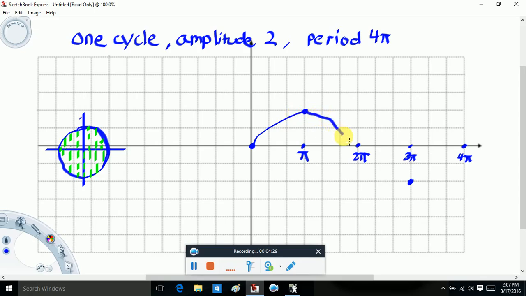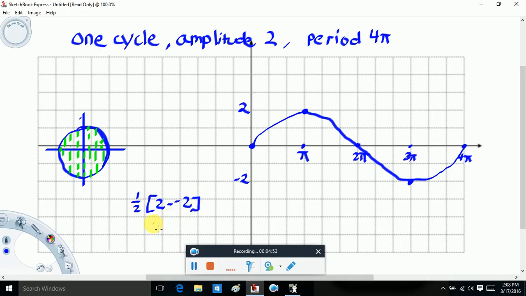Okay, so the amplitude again is 1/2 the difference of the max and the min, right, which is 1/2 of 4, which is 2.